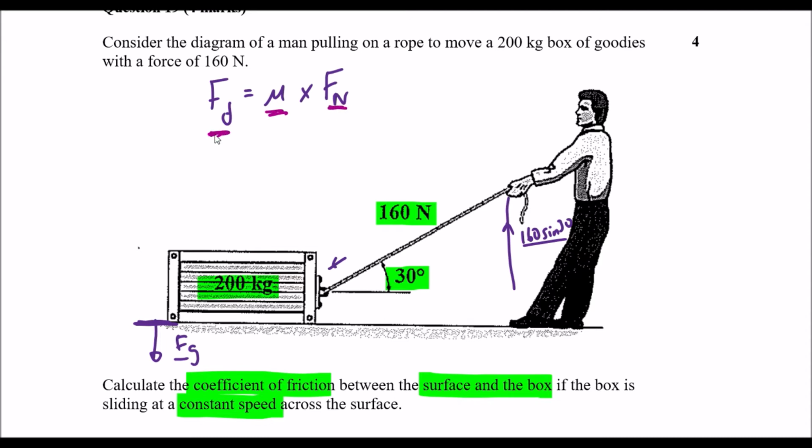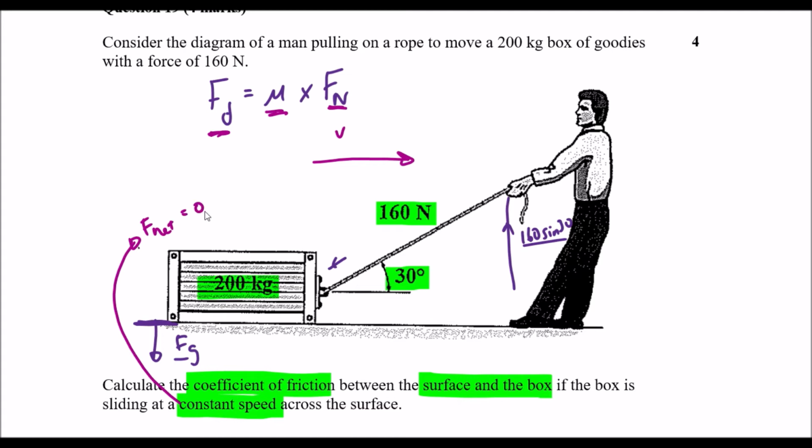Now, if we read this question carefully, it's not actually stated very clearly what the friction force is on the box, but there is some slight information that we can use, and it comes from the fact that the box is traveling at a constant speed. If I'm dragging the box in this direction, let's say that's the velocity there. Remember, if an object is traveling at a constant speed, the net force is 0.